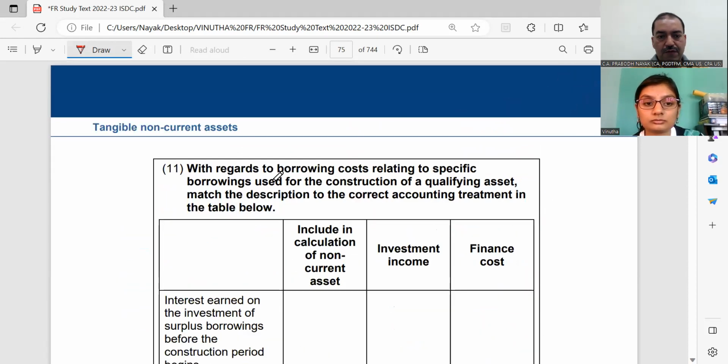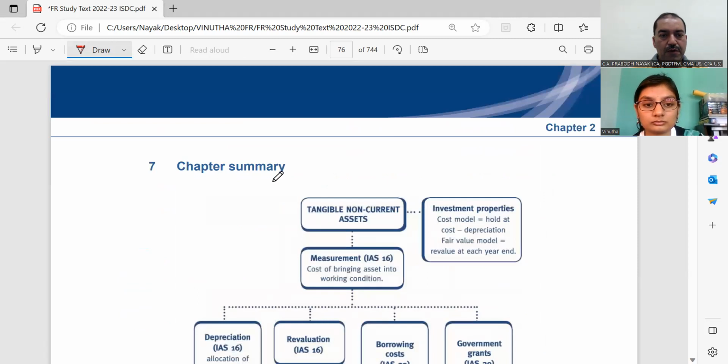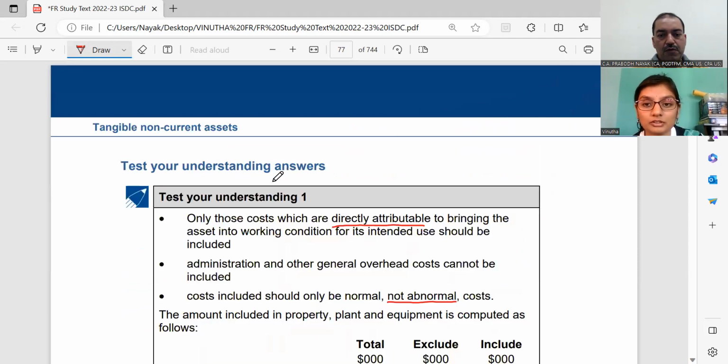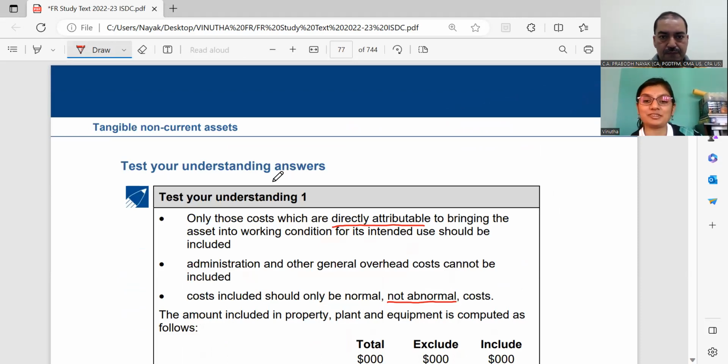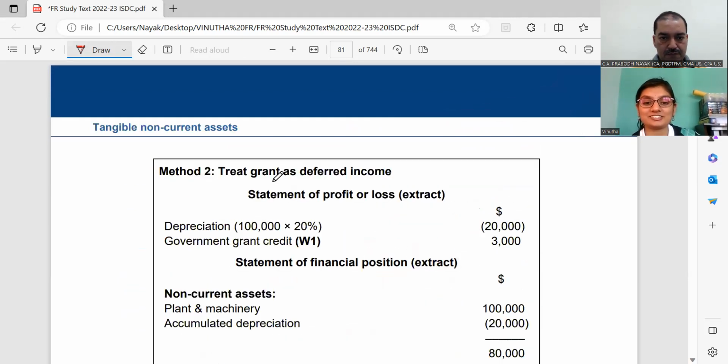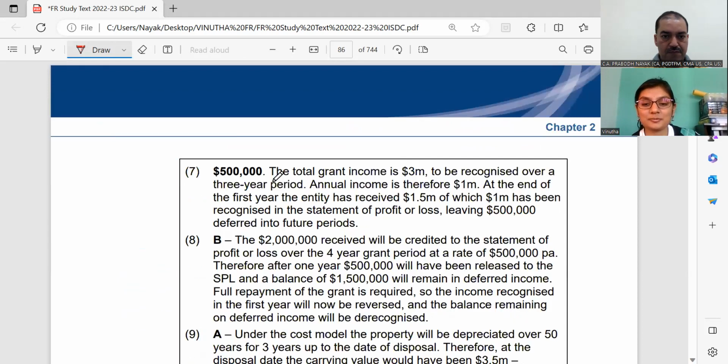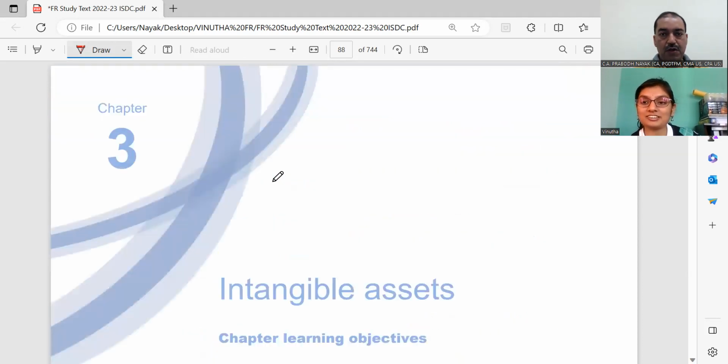I think that's it. We have completed this particular topic. So chapter 2 comes to an end. Pay more attention to the government grants, interest, and this conversion part that we are having.